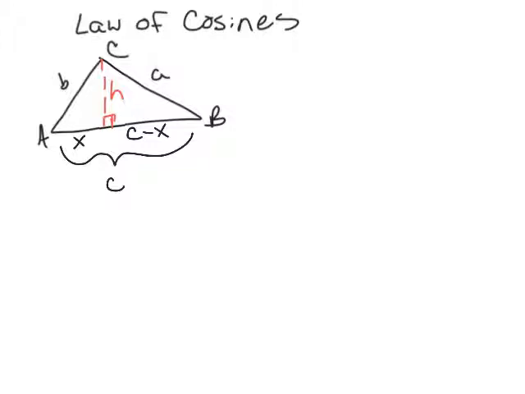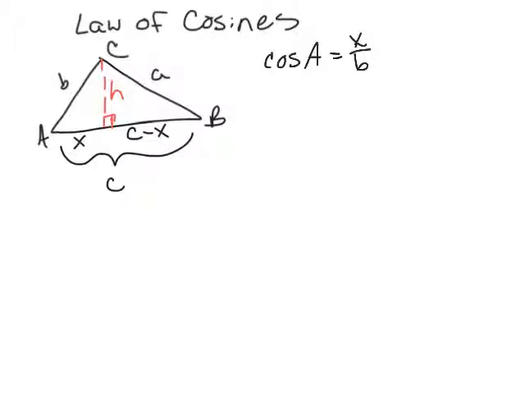So we'll start off with a cosine function. If I look at angle A, I can write the cosine of A is going to be x over b. So the cosine of A is equal to x over b.